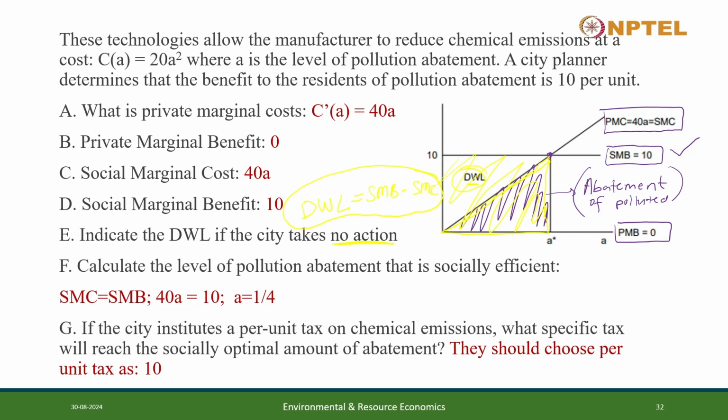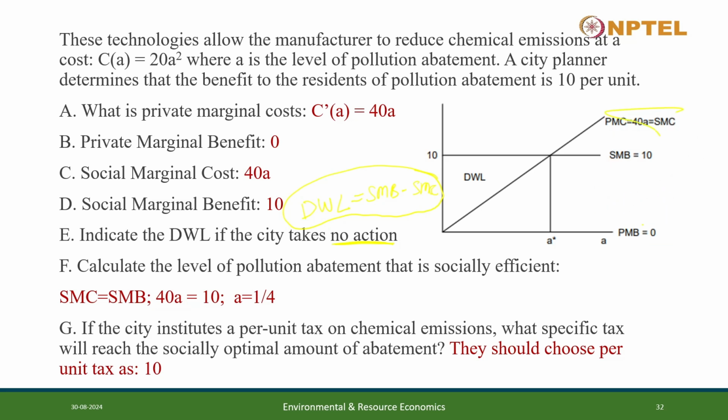Okay. Deadweight loss. Let's say that there is no abatement at all. There is no reduction of pollution, and there is abatement. There are two cases, right? There are two cases only, abatement or no abatement.